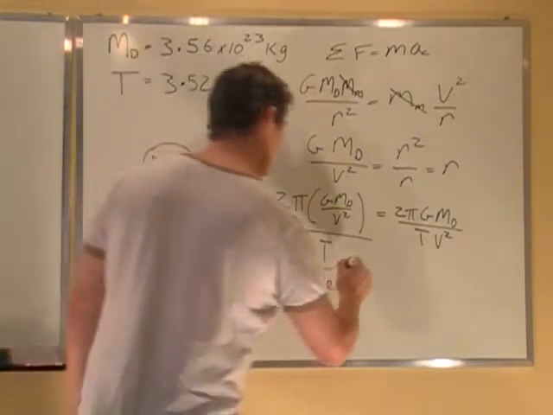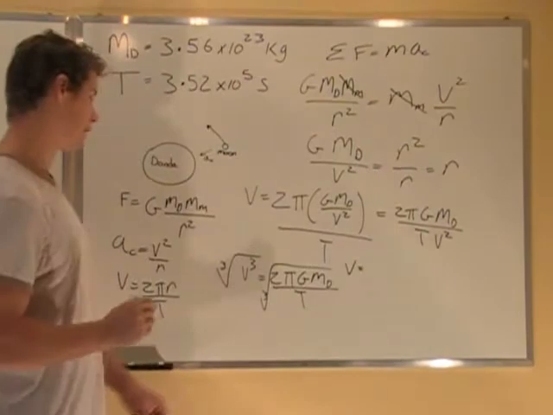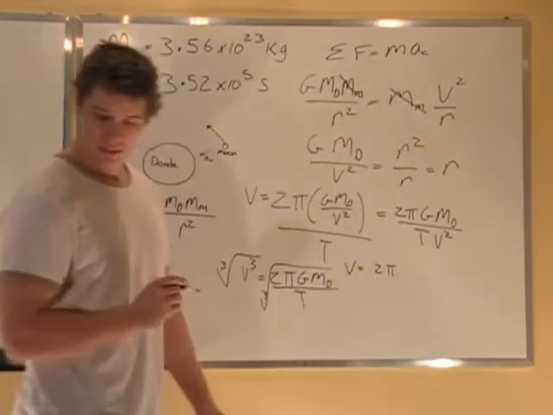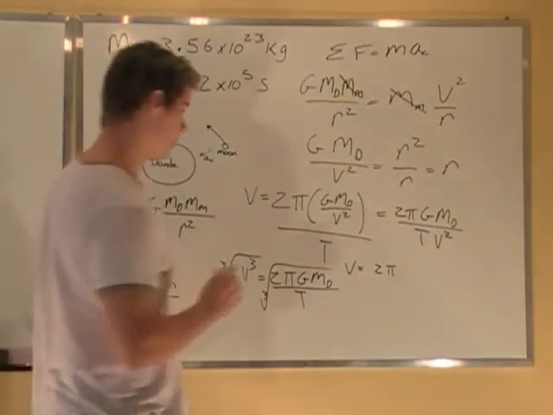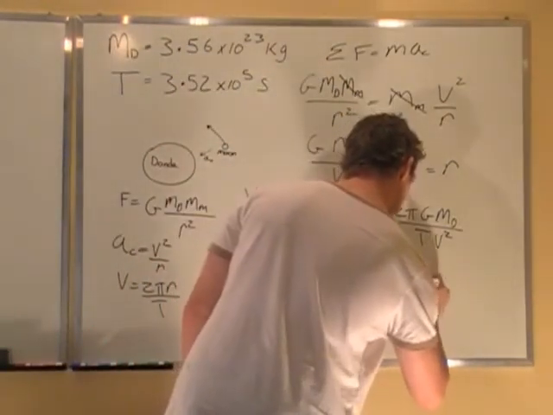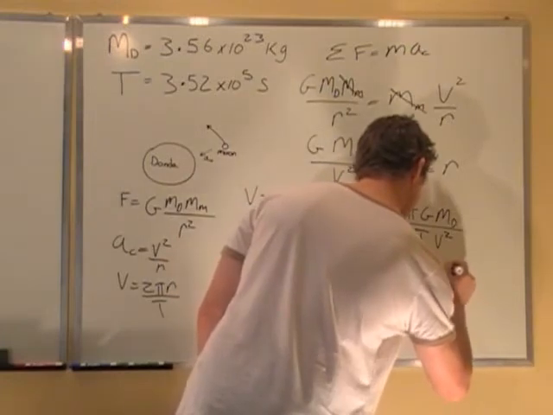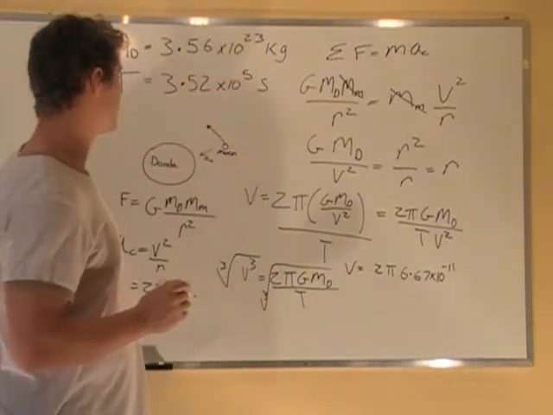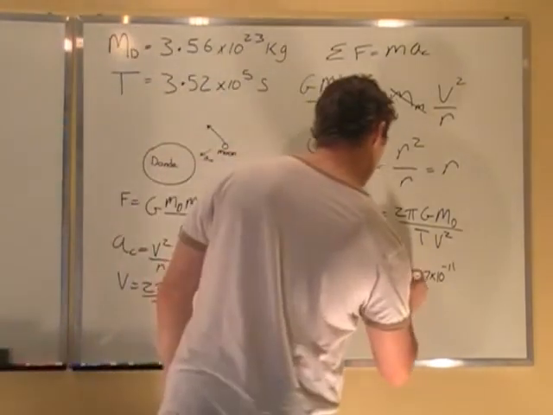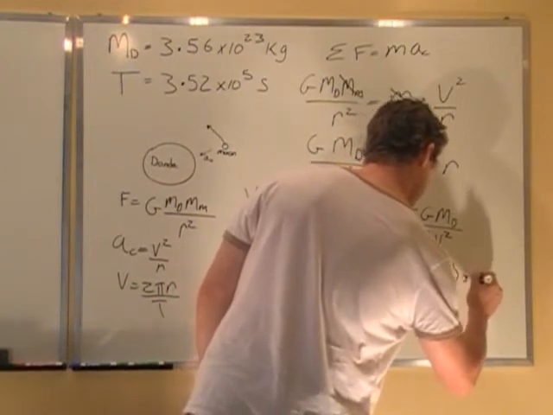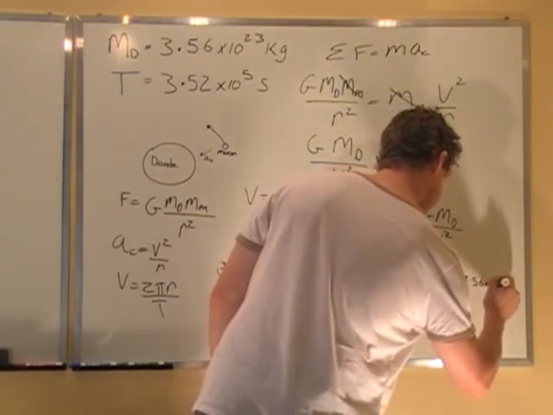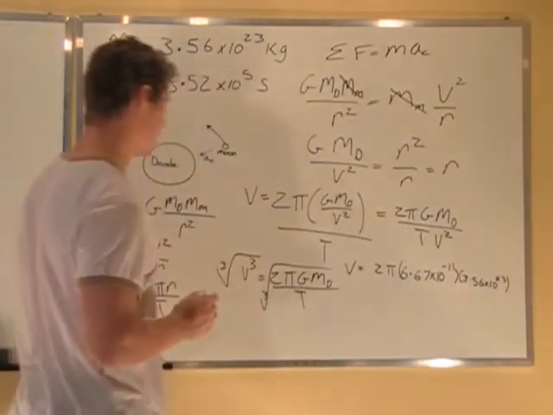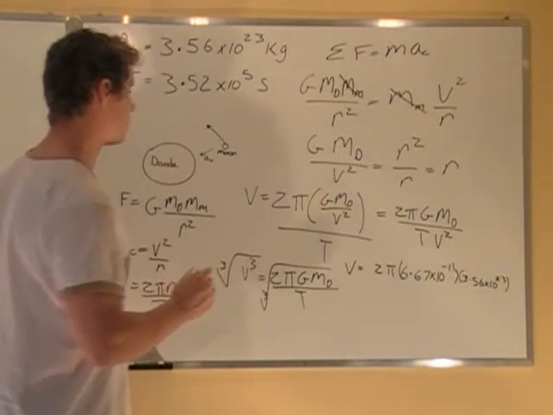That will give me v equals, and now I can start plugging in numbers. It's going to be 2 pi times G, which is 6.67 times 10 to the minus 11, times the mass of Donda, which is 3.56 times 10 to the 23rd, and that's divided by T, which is 3.52 times 10 to the 5.